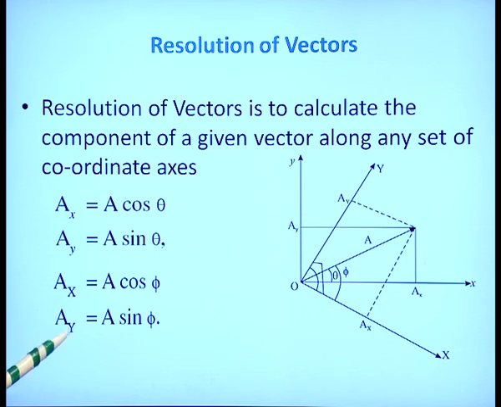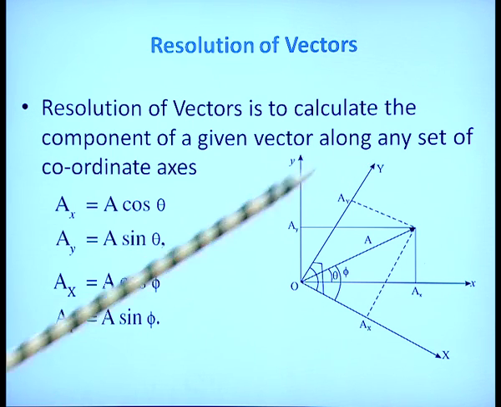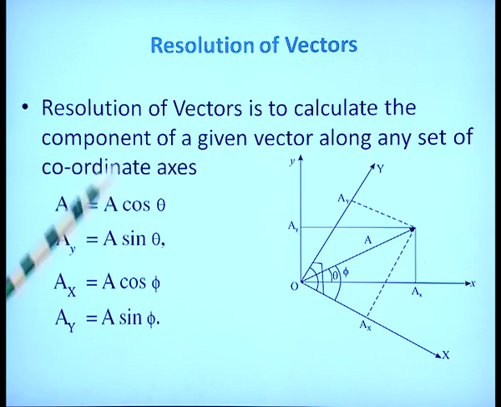Similarly, you can find Ay, the component of vector A along the y axis, as A sin phi. So, this is how we can find the components of any vector in any set of coordinate axes as Ax and Ay.